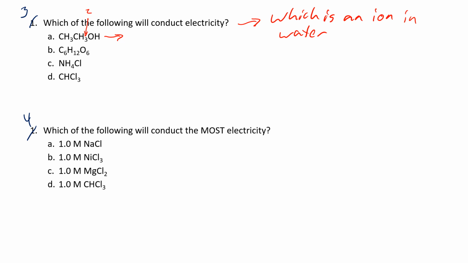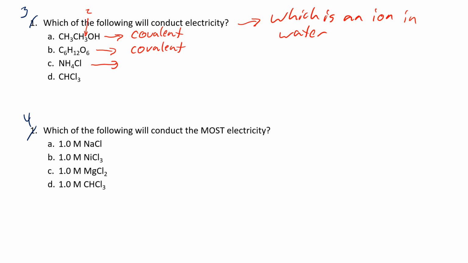But more importantly, that's covalent. This is the formula for a monosaccharide, like a glucose or a fructose or something like that. But it's a basic sugar. But more importantly, again, you don't have to know if it's alcohol or sugar, it's covalent.